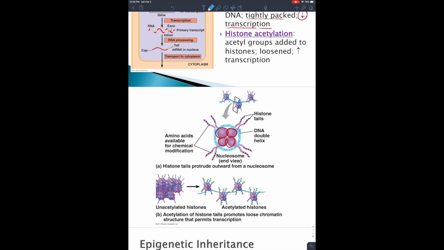I need to unwind DNA so that I can reach those individual pieces to read them. So acetyl groups are going to be added to histones, and that's going to cause those histones to loosen up DNA, loosen the gaps, and increase transcription. So I need to get inside to touch that blue DNA.